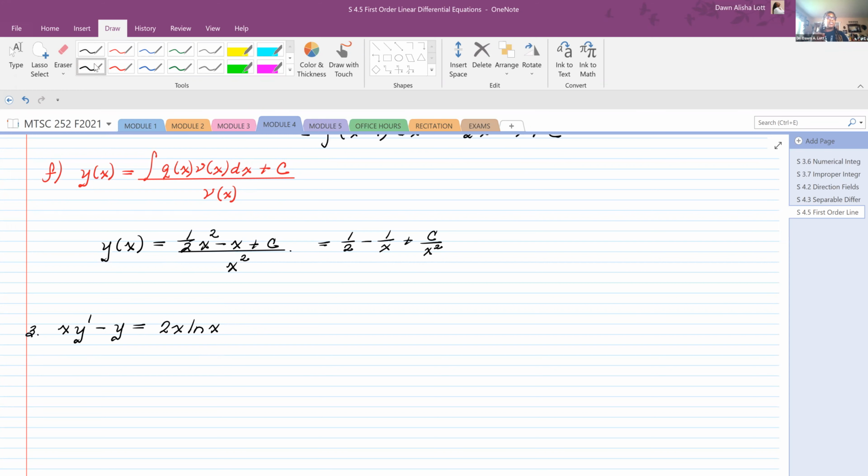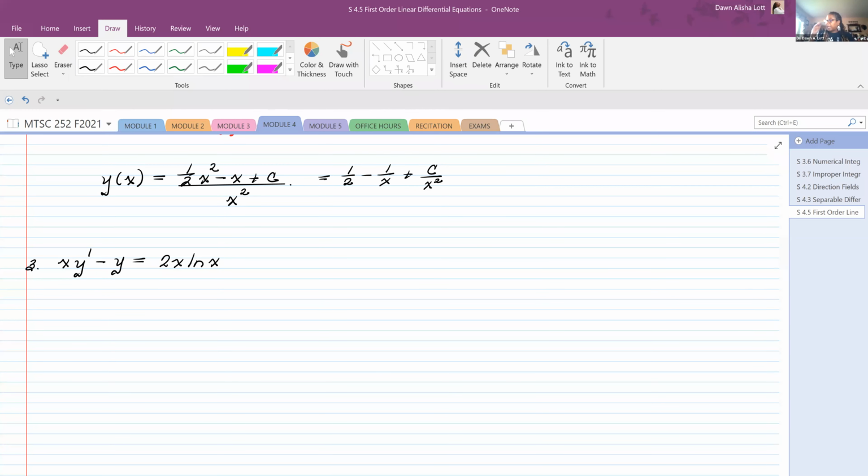All right, is it in standard form? No. Okay, so let's put it in standard form. We're going to divide everything through by x. So we're going to get y prime minus 1 over x y is equal to 2 times the natural log of x, because we divided everything through by x.